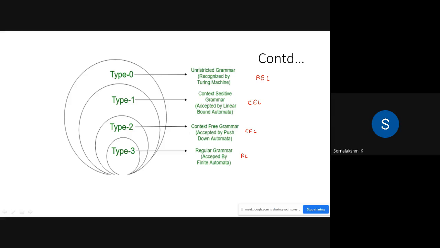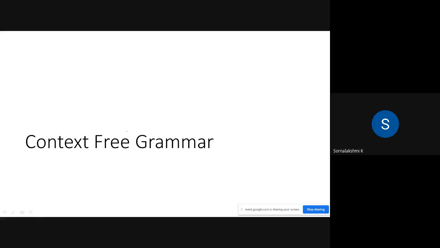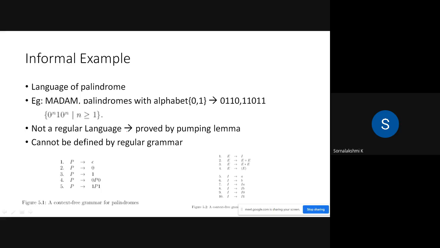We are going to see type 2, context-free grammar, in detail. I think we had more theory, so we'll just quickly see an informal example. We proved using pumping lemma that this is not a regular language. So this requires some sort of memory. I have to store n somewhere, right?